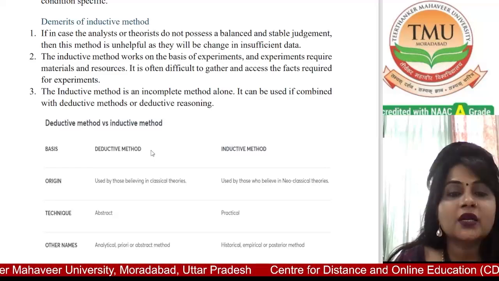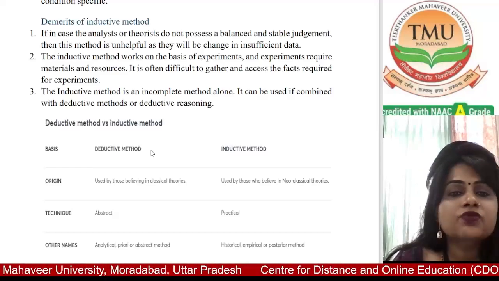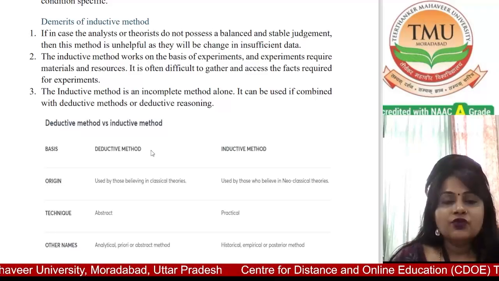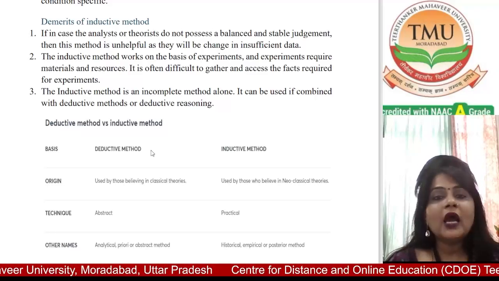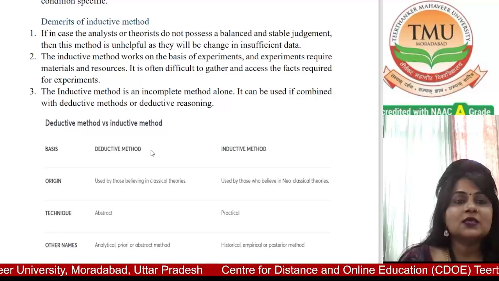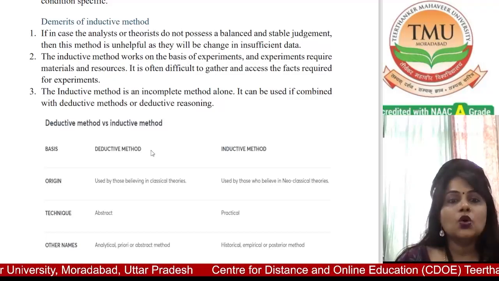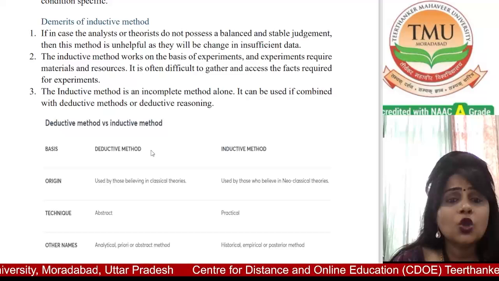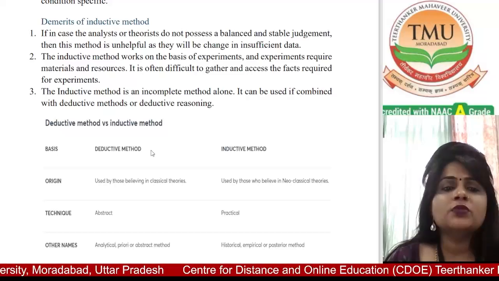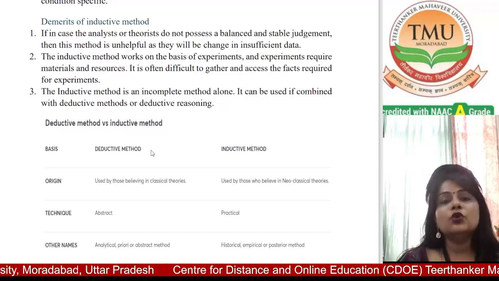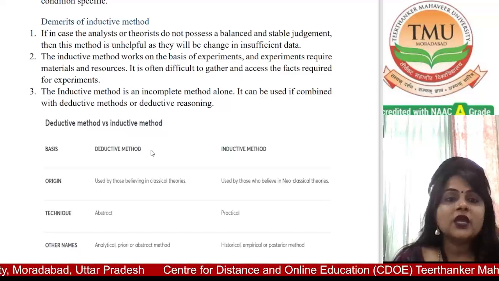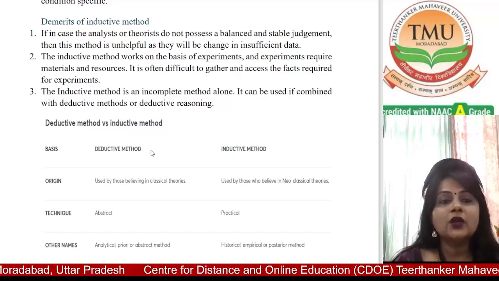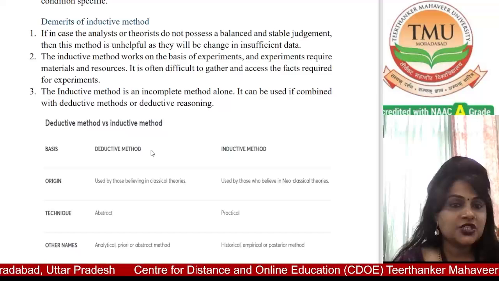The method is extremely useful in the natural and physical sciences, which deal with matter. But unlike the natural sciences, there is little scope for experimentation in economics, because economics deals with human behavior, which differs from person to person and from place to place. Further, economic phenomena are very complex as they relate to man, who does not always act rationally.